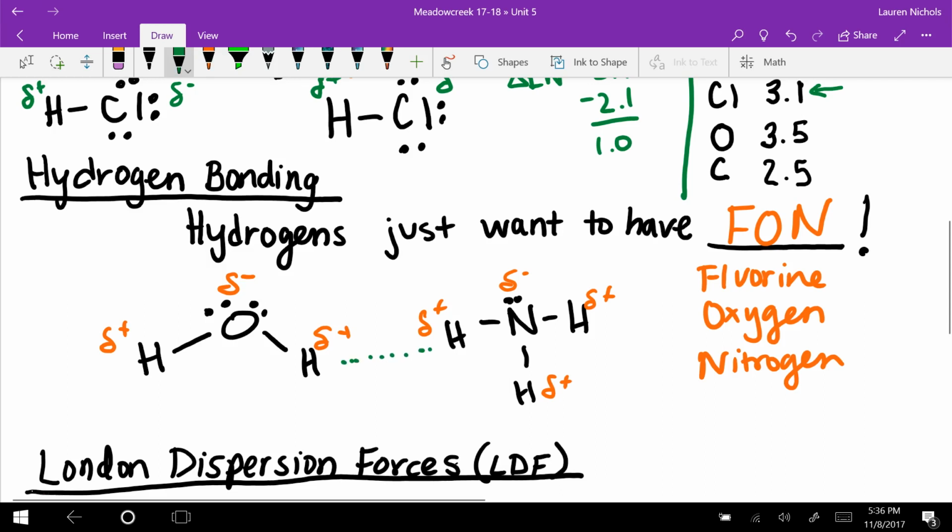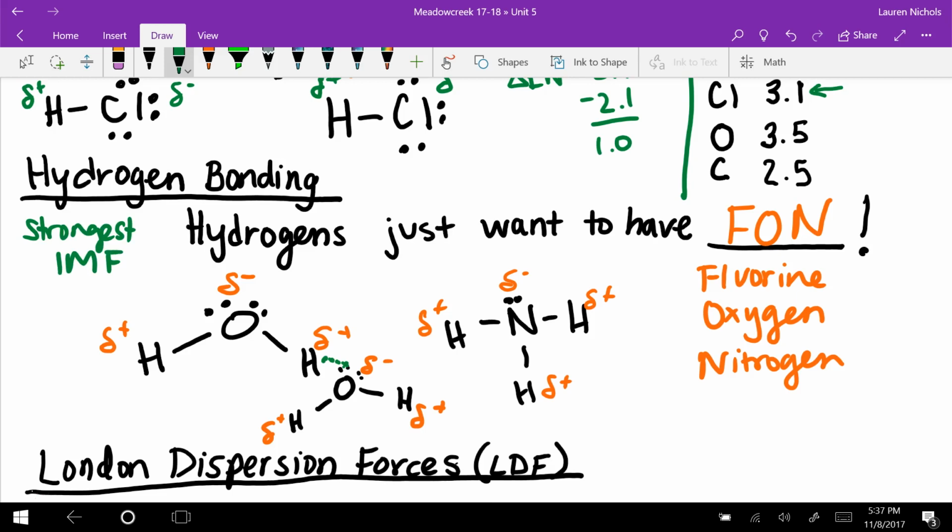If we were to have another water molecule here, right near it, that is also partially negative, we're going to see that this partially negative charge is going to form a very strong dipole-dipole bond called a hydrogen bond. And because oxygen and hydrogen are so small, they can get very close together. And so this is the strongest intermolecular force besides ionic.